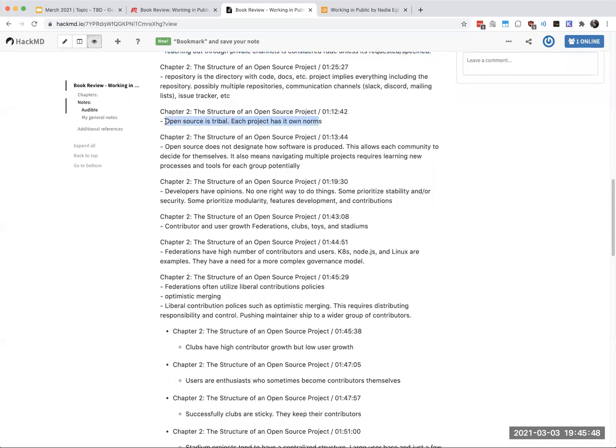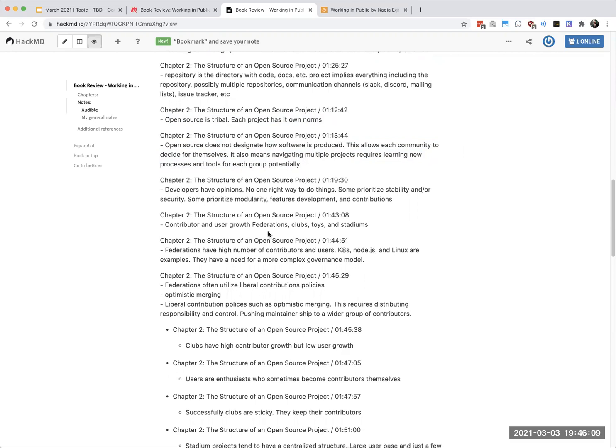And this is something I kind of mentioned: open source is tribal. Each project has its norms. And I would say that cooperatives would be similar, unless I'm looking at cooperatives of different types. I don't know how far down I have to get to the different types. Oh, we're about to hit it. I'll wait a moment and come back.